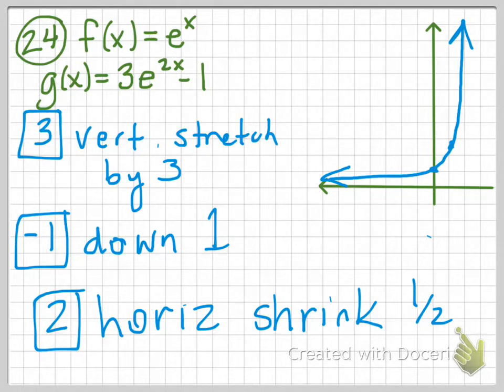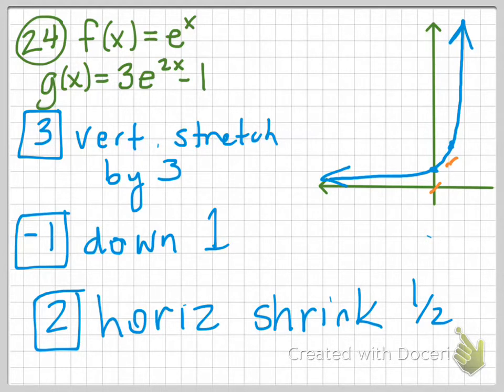So we're going to take those 2 points and we're going to move down 1 for each of them. So I'll just put a little dash where those would be if we just move down 1. So the point on the axis would be down 1 there, and the e point would be right about there. And then we have to do a vertical stretch by 3.